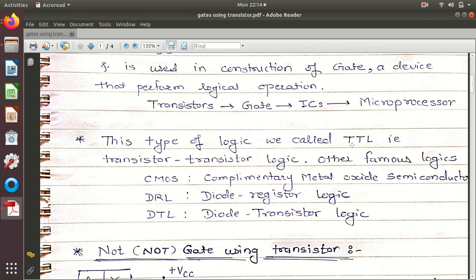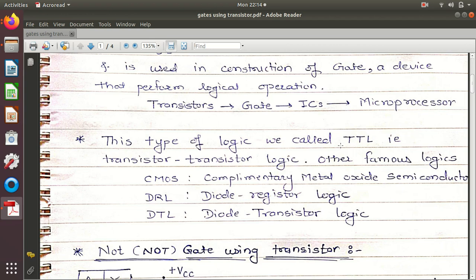Apart from this TTL logic, there is another popular logic that is used in the digital world, that is the CMOS logic, complementary metal oxide semiconductor logic. These two are the most important logic families in the digital world.